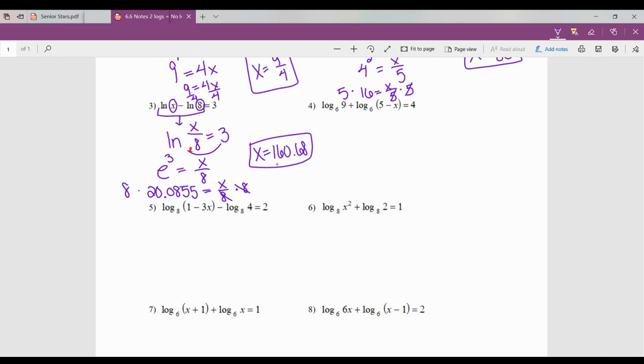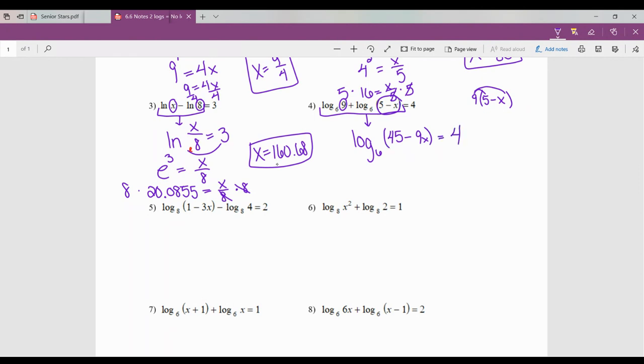Okay, on to number 4. We've got these two logs that need to be condensed into one log. So it's going to be log base 6. My properties of logs say take that 9 and that 5 minus x, and since it's adding, we're going to do 9 times 5 minus x. So I have to distribute: 45 minus 9x equals 4.